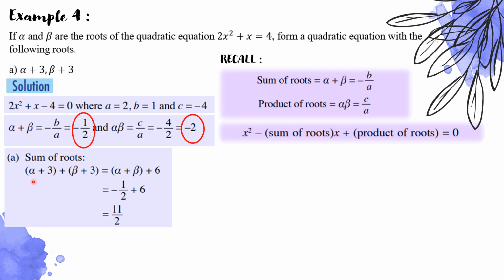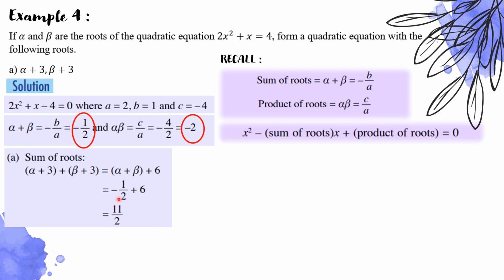So alpha plus 3 plus beta plus 3, if you rearrange it, becomes alpha plus beta plus 6. Since you don't know the value for alpha and the value for beta, that's why you need to group alpha with beta and plus 6.